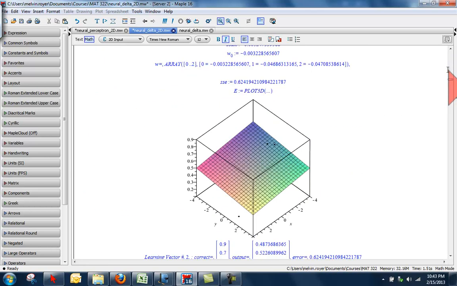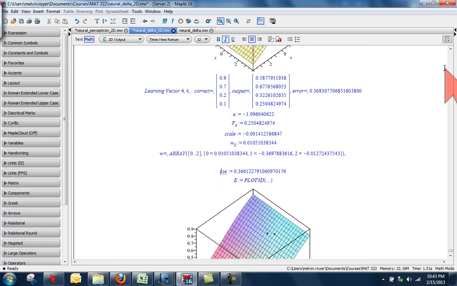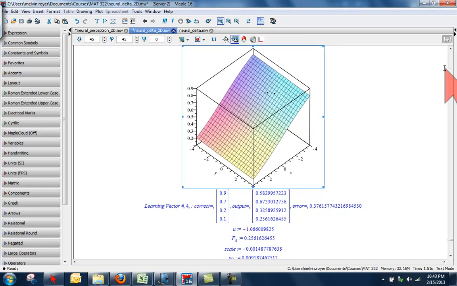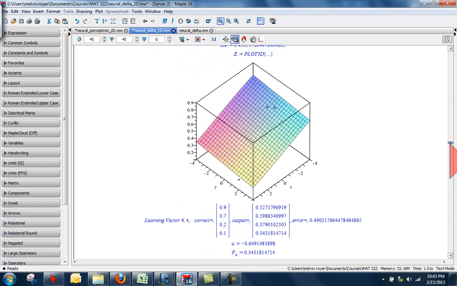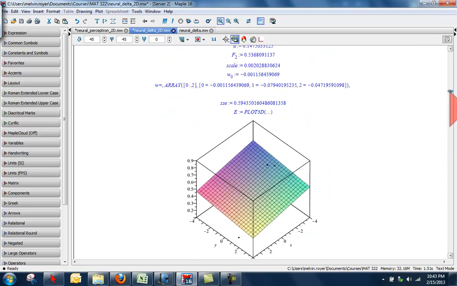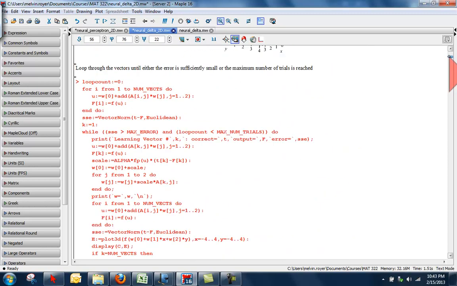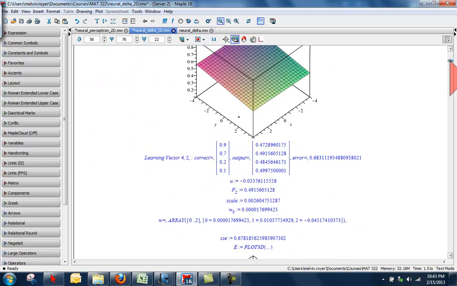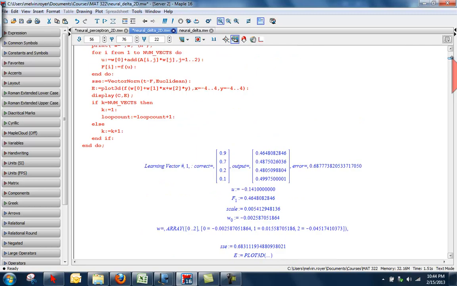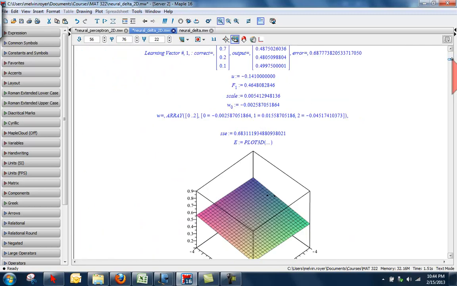And as far as what the network is doing, scroll up to see the first iteration. So there was the original graph, and now here it is trying to learn.